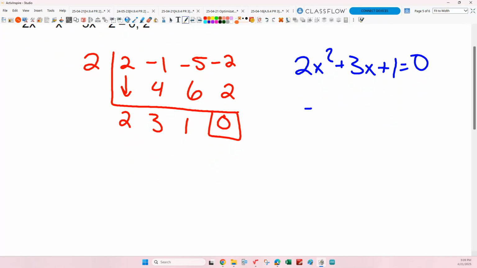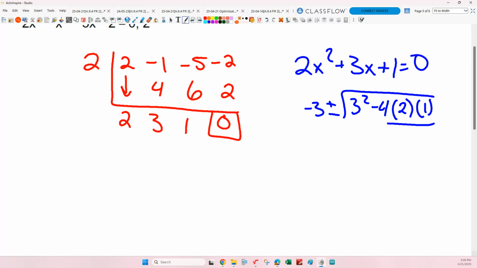Negative 3 plus or minus 3 squared minus 4ac all over 2a, or 2 times 2.